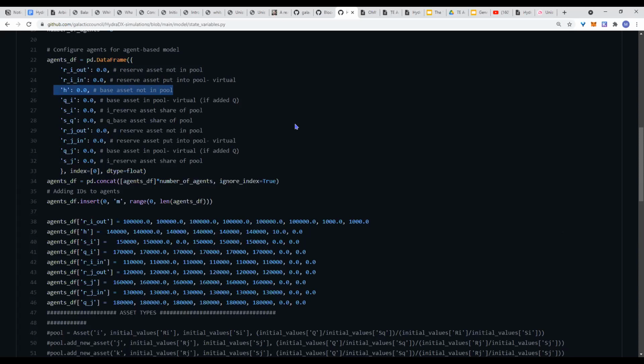So they could have H holdings outside. And once they're in, it would be a virtual. If they added it into the OMNIPool, it would be a QI virtual. But again, they would then have shares there.